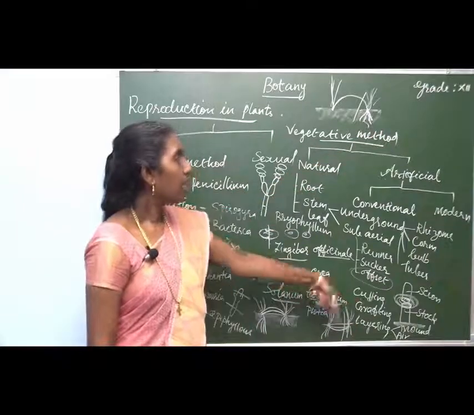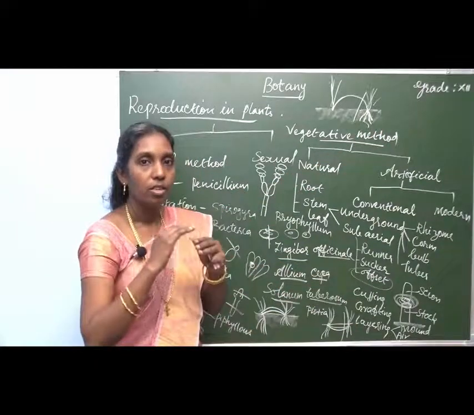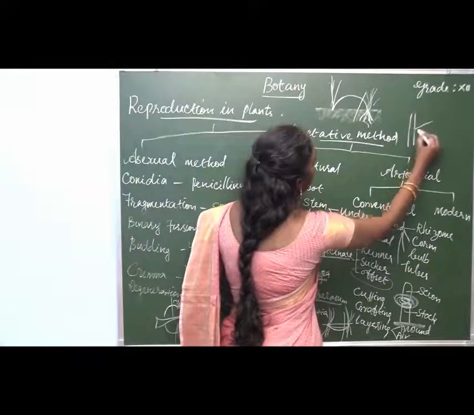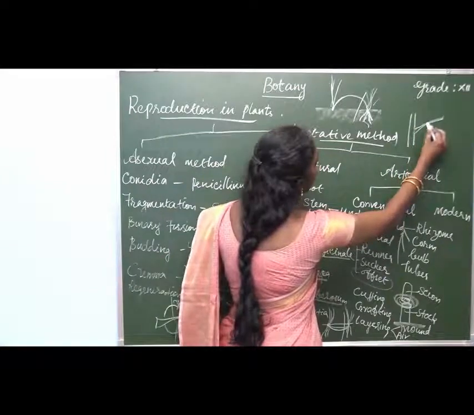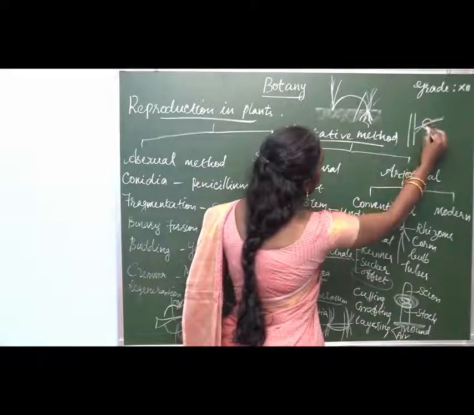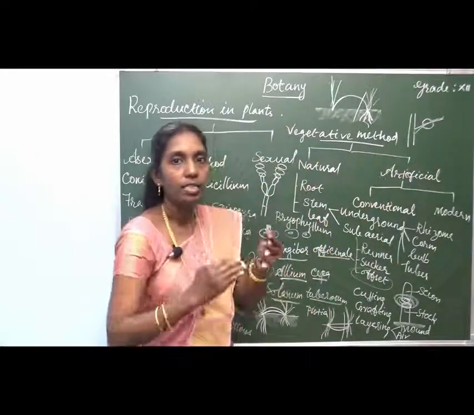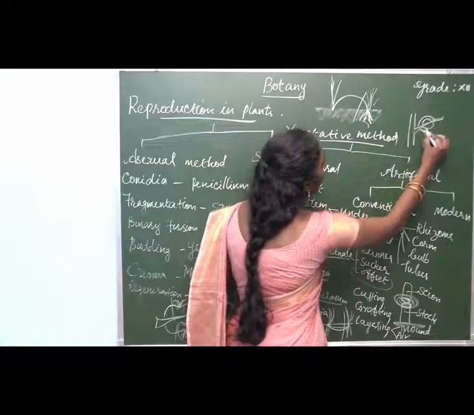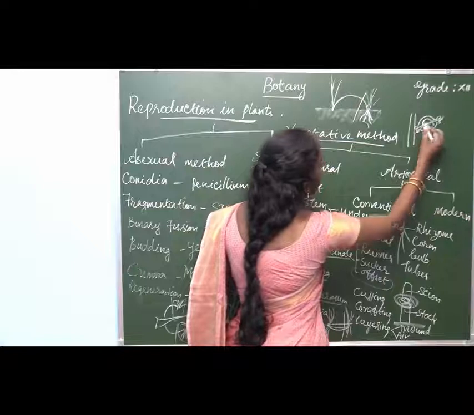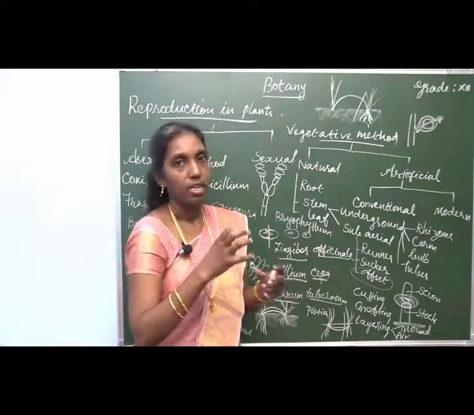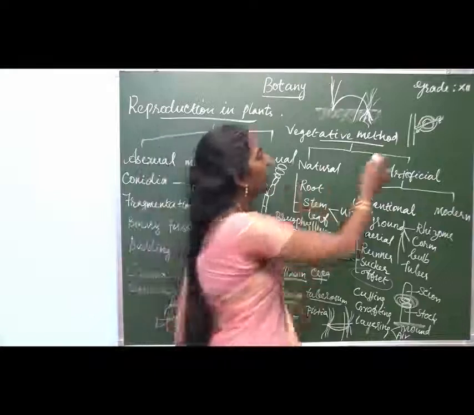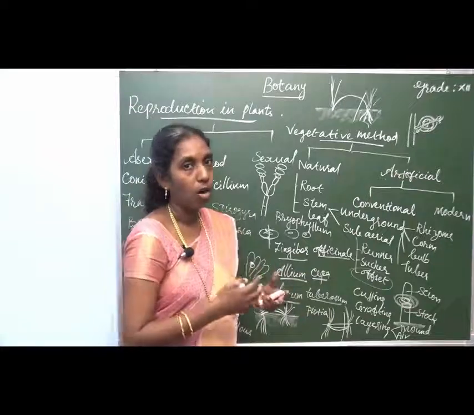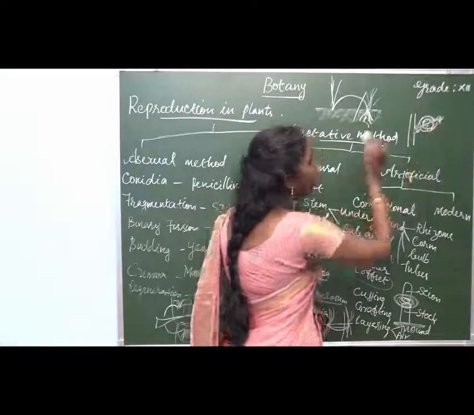Air layering. In air layering, we take the nodal region of the branch. This is the plant and here there is a node. In this nodal region, a girdle is made, encircling the nodal region, and this part is covered with moist soil or dust materials, or hormones are applied to help it develop roots, and it is covered with a polythene cover.